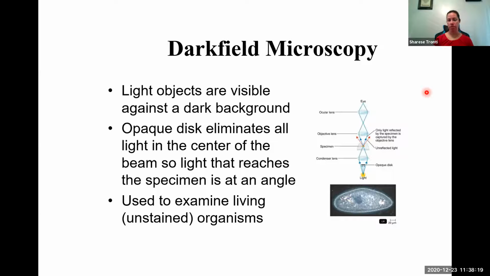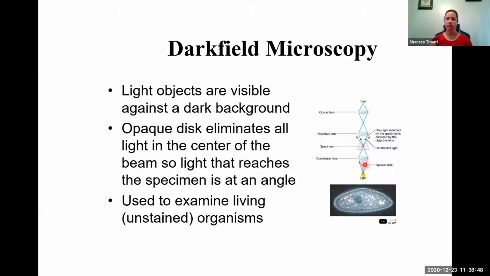Dark field microscopy is just the opposite in appearance. So now the field or the background is going to be dark. So we're going to have a very bright object, which what we see here is this bacteria looks bright on a dark background. And how this is carried out is, when you switch the microscope over to dark field, it adds this opaque disc here. So as the light comes up from the light bulb, it's going to be blocked in the center by this opaque disc.